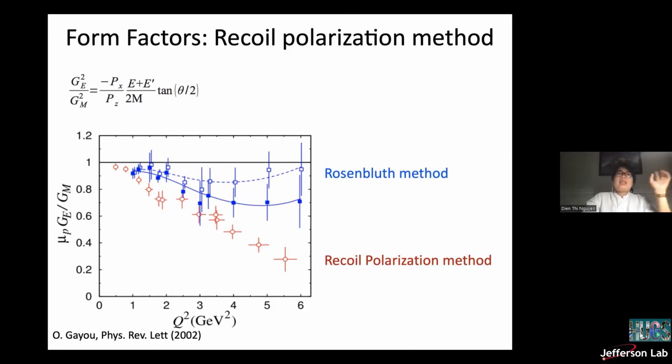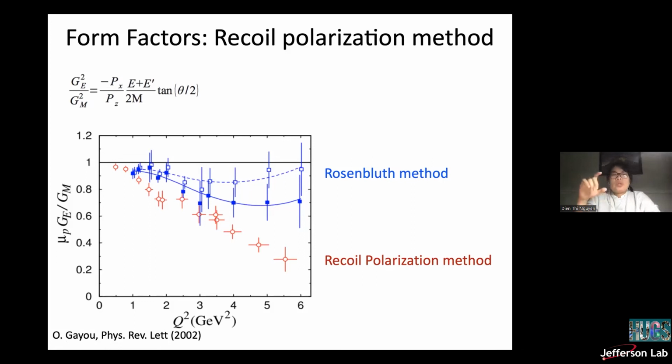For this measurement, you will not be able to extract GE and GM separately, but what you can extract is the ratio of GE and GM. We're not going to discuss this measurement, and I'm also not an expert on it either.